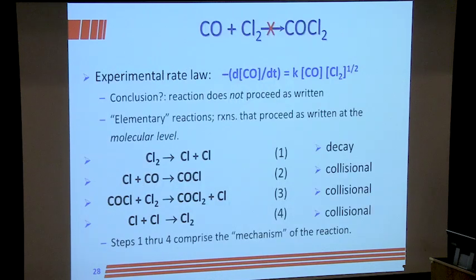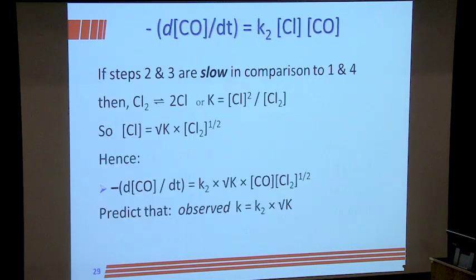Okay? And if we go then back to reaction 2, the rate of this reaction is its rate constant times the concentration of Cl times the concentration of CO. Okay? So the rate of that reaction is equal to the rate constant times the concentration of CO times the concentration of Cl. But what is the concentration of Cl? The concentration of Cl is the square root of the equilibrium constant times the square root of the concentration of Cl2.